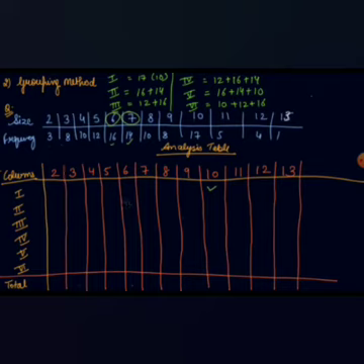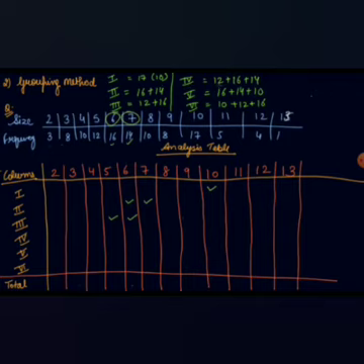So you will take 6 and 7. After that, in the third, 12 plus 16 was the highest frequency we got in the grouping table. So 12 is corresponding to 5 and 16 is corresponding to 6 as size. So we will take 5 and 6.